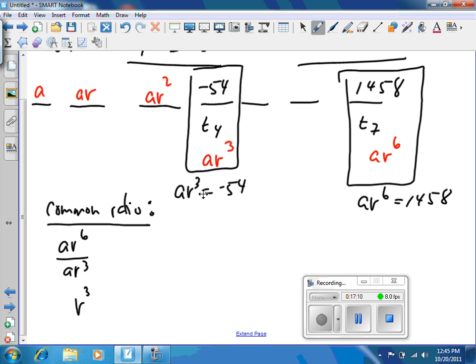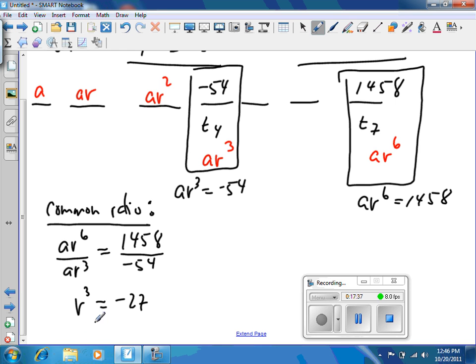I'm saying this is to this as AR to the 6th, 1,458, is to negative 54. Now, A over A is 1, and R to the 6th over R cubed is R cubed. And when you divide 1,458 by negative 54, you get negative 27.